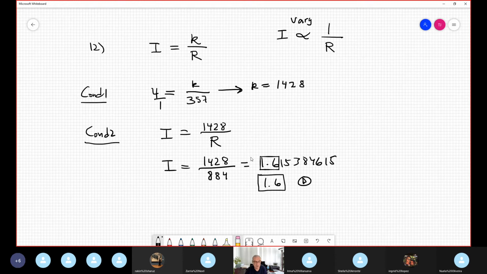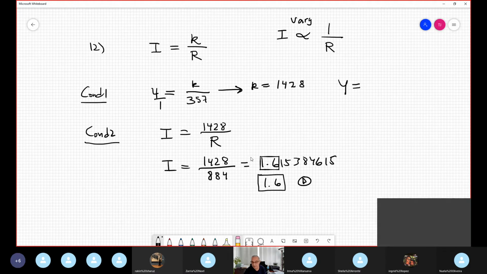Anyway, it's equivalent. Any question on this? This is a variation problem. Remember, we have two kinds of problem: inversely proportional and directly proportional. Directly is when the constant, so suppose y varies.